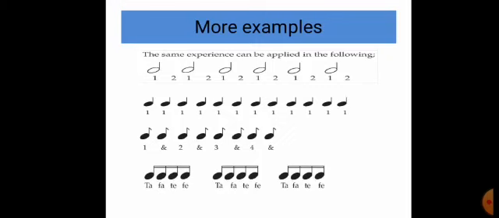Our crotchets will be 1, 1, 1, 1, 1, 1. Our minims: 1, 2, 1, 2, 1, 2. That's according to my desired pulse or speed. If our minims were to be this, 1, 2, 1, 2, our crotchets will therefore go this way.